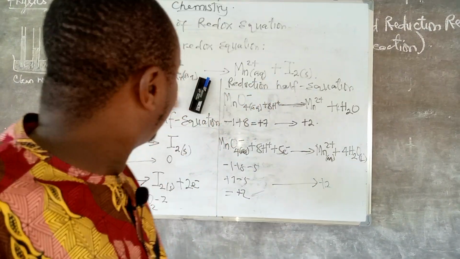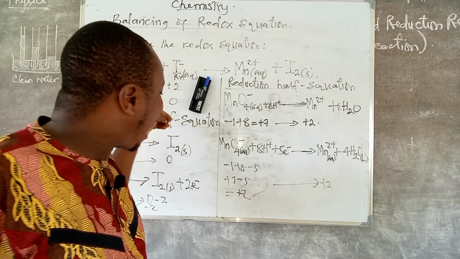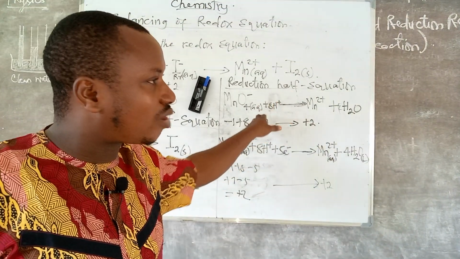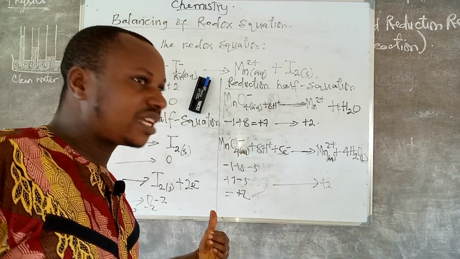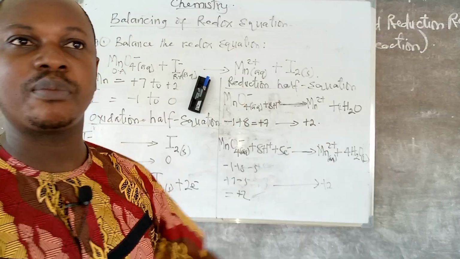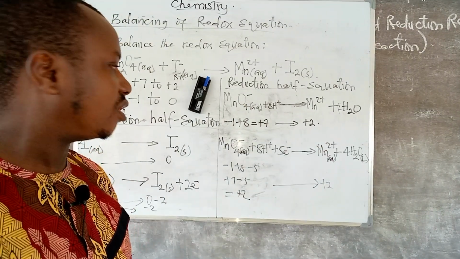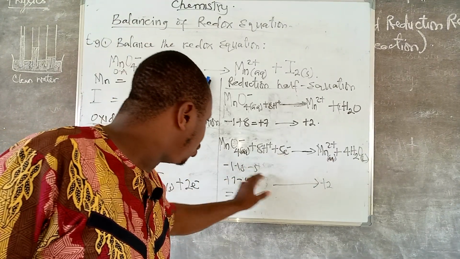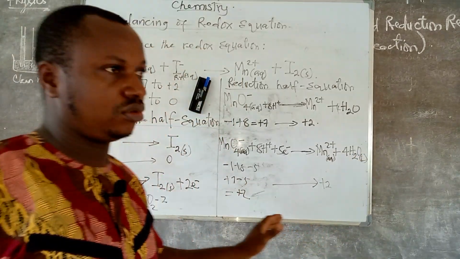Don't forget, when we are dealing with oxidation half equation, we add electron at the right hand side. But for reduction, add electron at the left hand side of the equation to balance number of charges. Don't forget it. So number of charges now is equal. Here is +2 and here is +2.